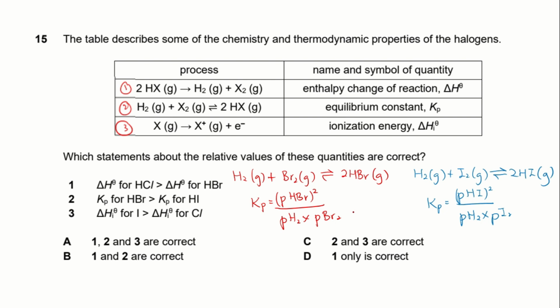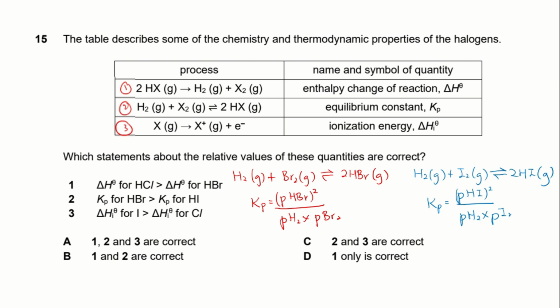Both the Kp expressions show us that the Kp value will be larger if the partial pressure of the products is higher. So now we compare these two equilibria. For formation of HBr, equilibrium lies much further to the right-hand side. For HI, the equilibrium lies further to the left-hand side.